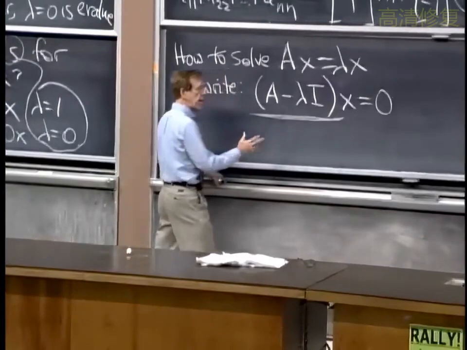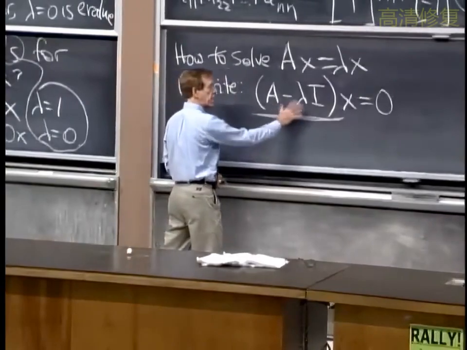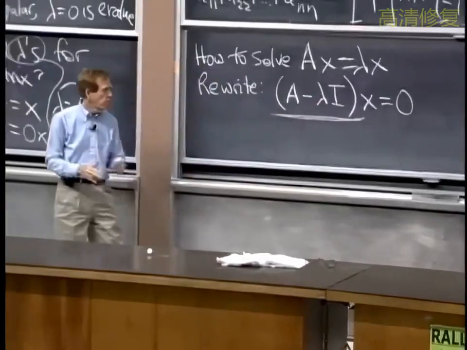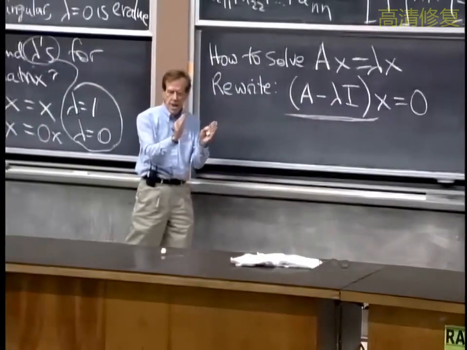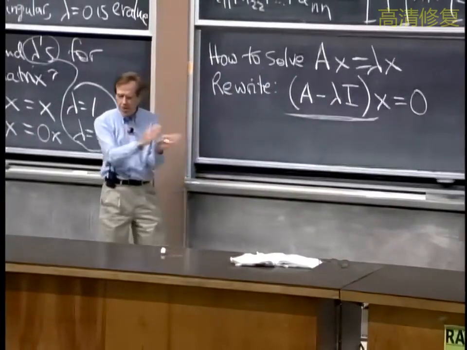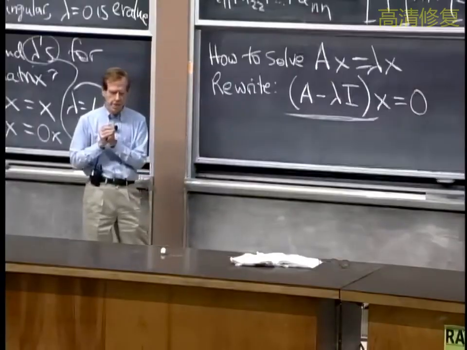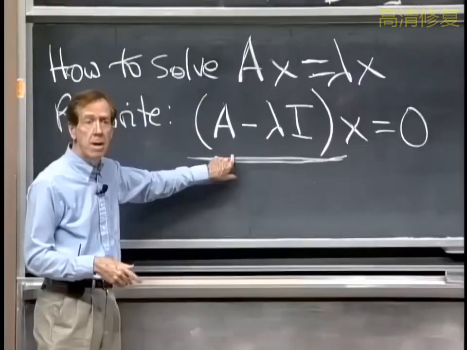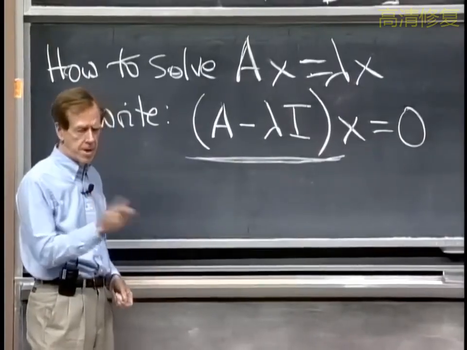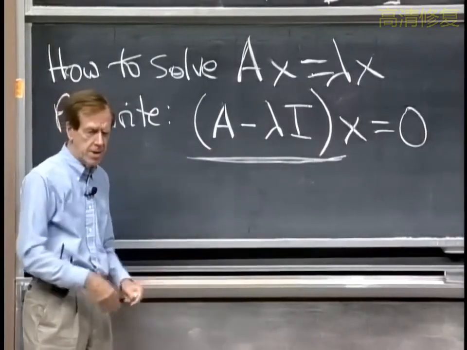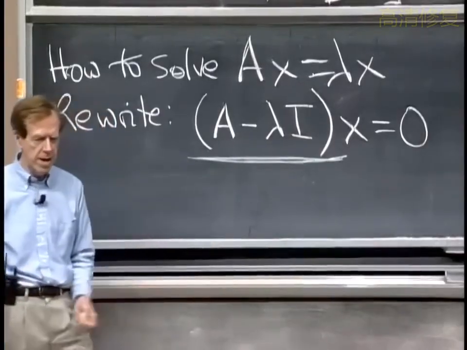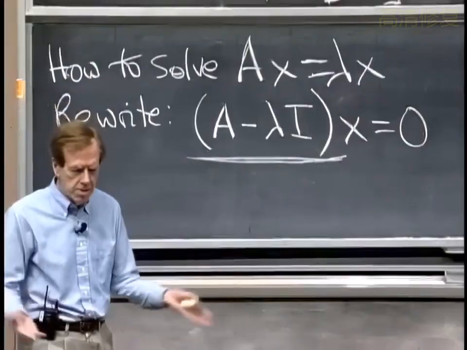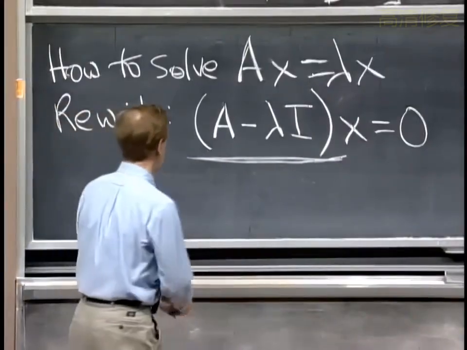But if there is an x, it tells me that this matrix, this special combination, which is like the matrix A shifted by lambda I, has to be singular. This matrix must be singular, otherwise the only x would be the 0 x and 0 interest. Okay, so this is singular.